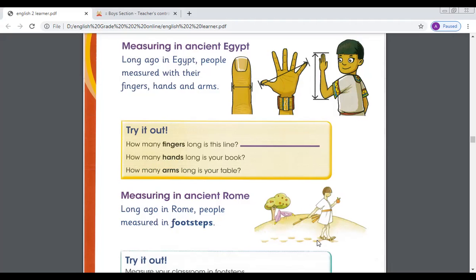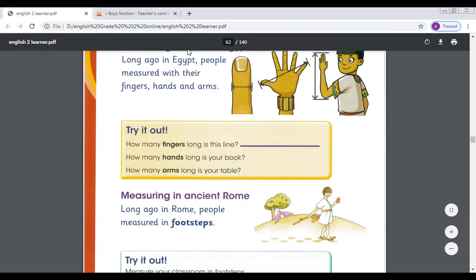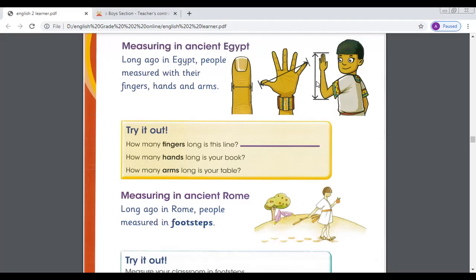If it is smallest, we use a finger. If a little bit bigger, we use hands. If bigger, we use our arm. And if it is bigger still, for example from one room to another room, then we use footsteps.